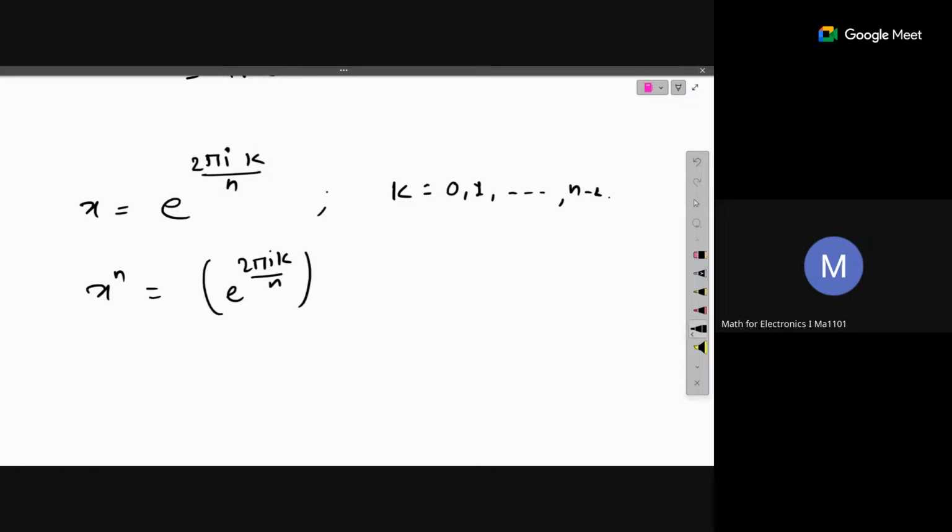Ma'am, you write this expression with k, but when k equals n it will repeat the quantity. That's why you write it like n by n, it did not change any expression.